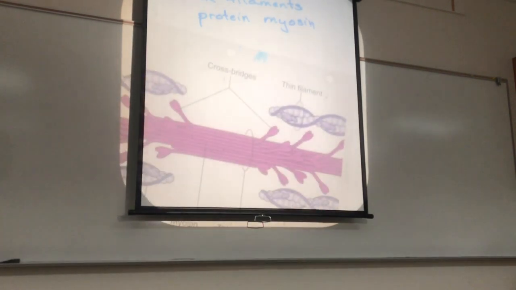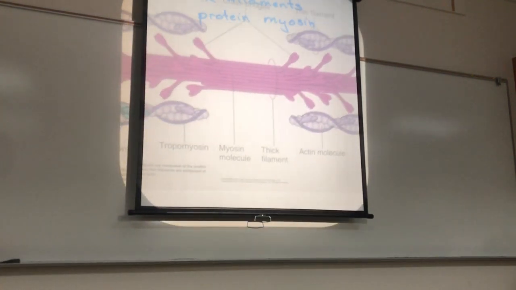Now, myosin molecules have an interesting shape. I usually think of these as shaped like hockey sticks or golf clubs. Each myosin molecule has a long, straight handle, which are all neatly bundled together on the thick filament.